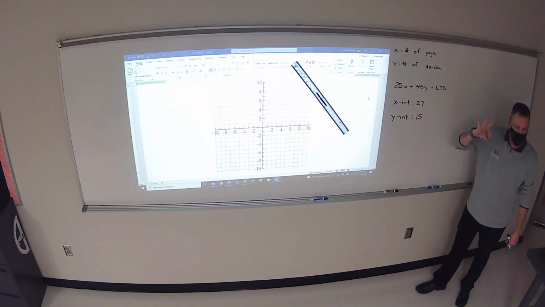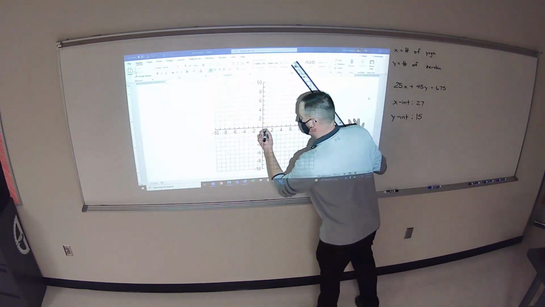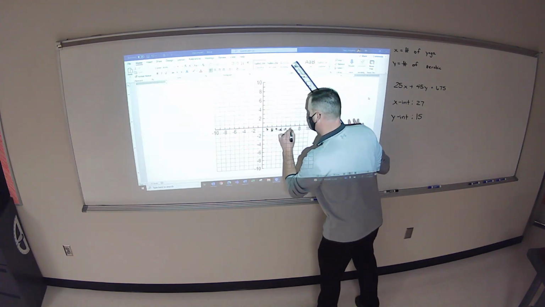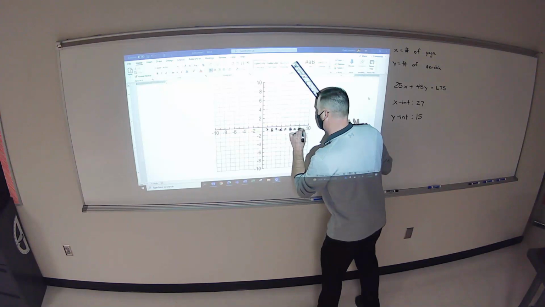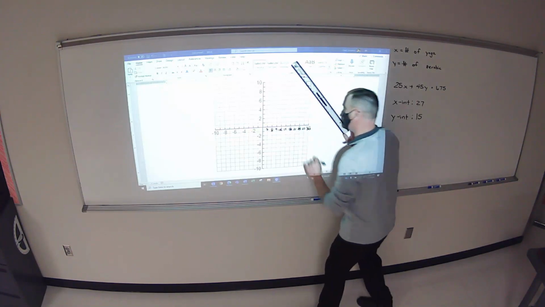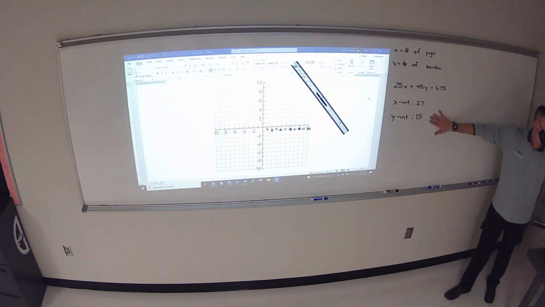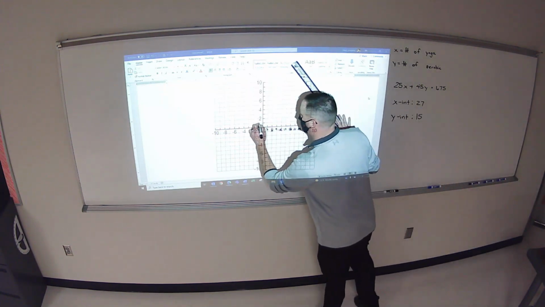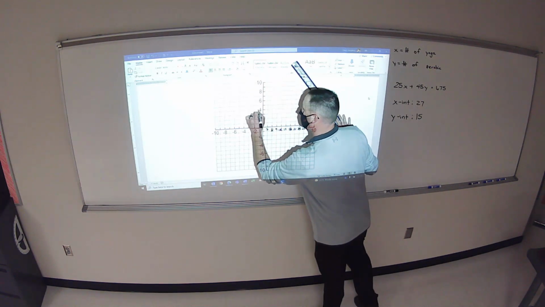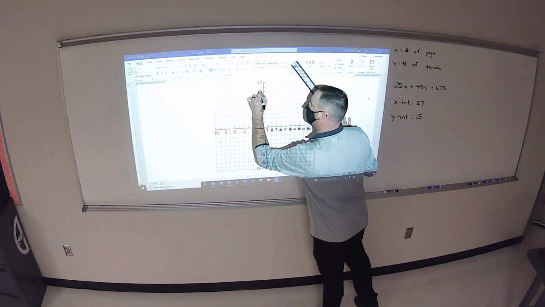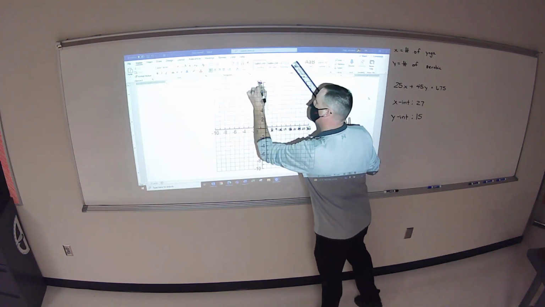Go by 3s. Okay? 3, 6, 9, 12, 15, 18, 21, 24, 27, and 30. The y-axis has to go up to 15, which means I could go by 2s, except then I'm stuck halfway in the middle, aren't I? So I'm going to do the same thing here. 3, 6, 9, 12, 15, 18, 21, 24, 27, and 30.